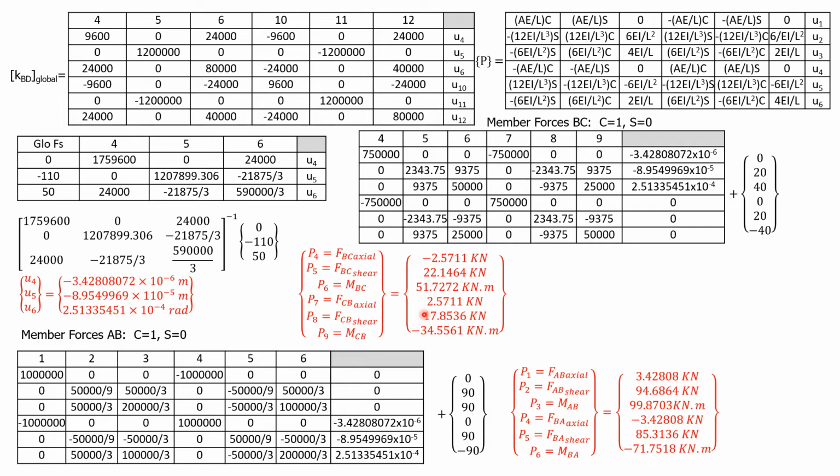It is only good for 3 by 3, but beyond that, you will only appreciate matrix if you have a matrix calculator or a software, because in the first place, it's very difficult to memorize the member stiffness matrix, and you have to solve simultaneous equations, invert it, especially if it is more than 3 by 3, so it is really boring.